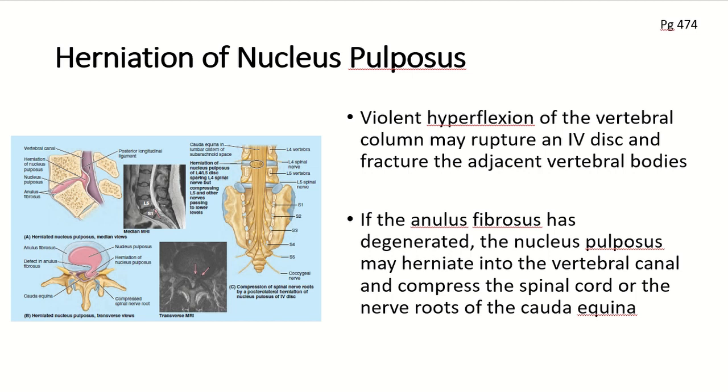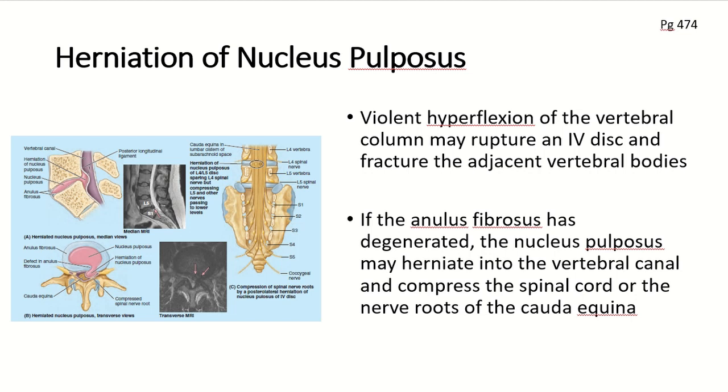So herniations of the nucleus pulposus usually extend posterolaterally, where the annulus fibrosus is relatively thin and it doesn't receive support from either the posterior or the anterior longitudinal ligaments. The posterolateral herniated intervertebral disc is more likely to be symptomatic and painful because of the proximity to the spinal nerve roots.